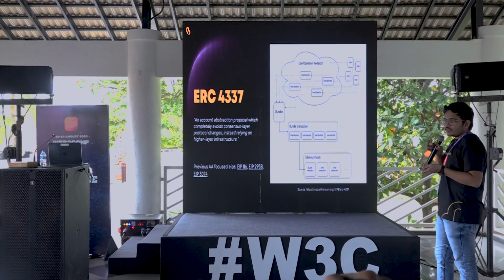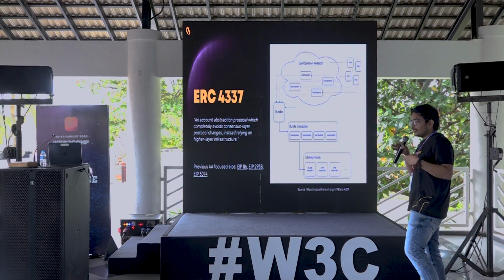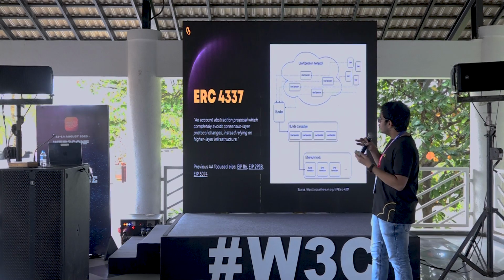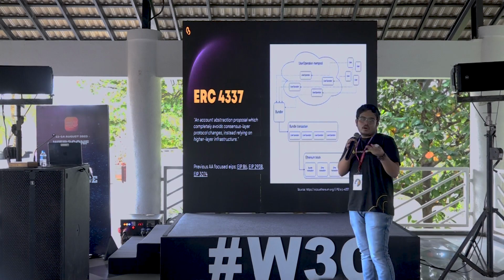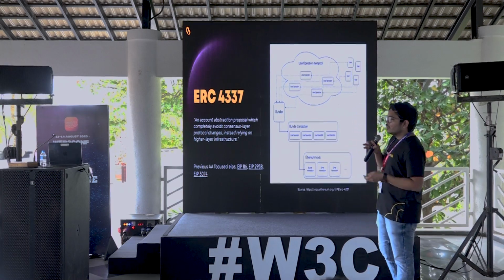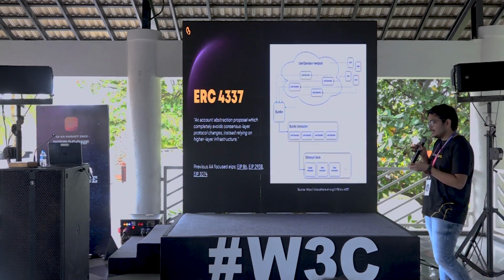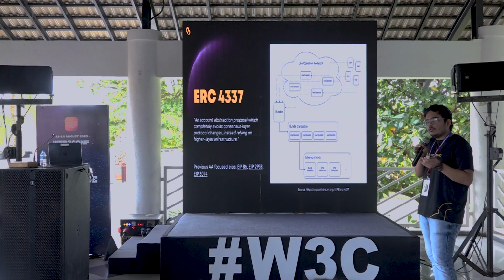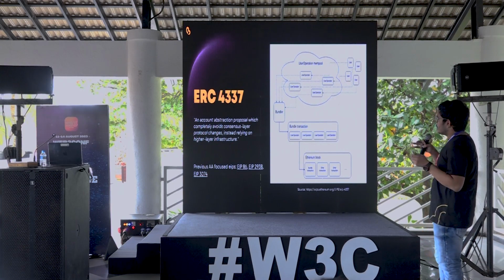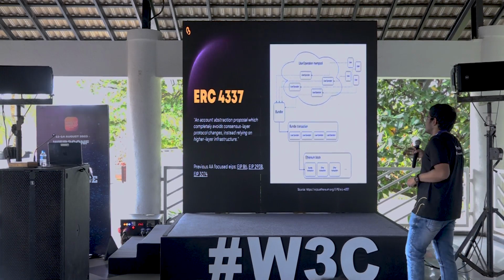EIP 3074 basically says we're going to have two more opcodes in the EVM, AUTH and AUTHCALL. With those opcodes, you can delegate the ownership of an EOA to a smart contract, to bring smart contract accounts into play.